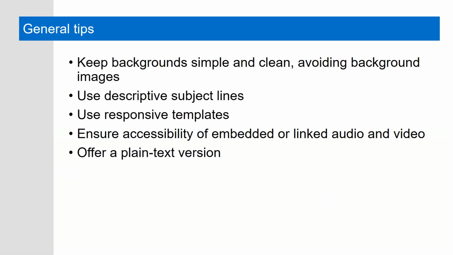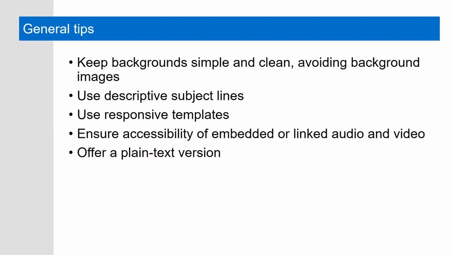In addition to keeping your background simple and clean, you'll also want to use descriptive subject lines. Use responsive templates. This is particularly important when we're talking about email campaigns conducted using a tool like MailChimp. So using responsive templates, that will ensure that the reading order of your message is preserved no matter what device someone is reading it on.